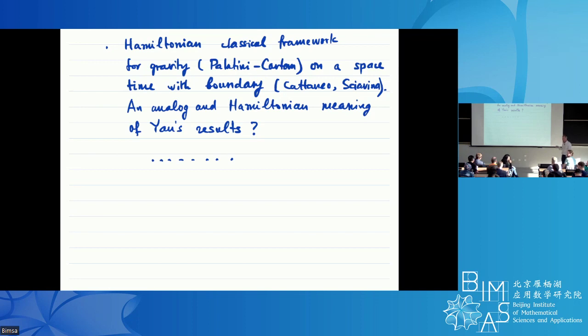So the idea is that, especially in the first order framework, which is exactly where Palatini-Cartan appears, there is a symplectic structure on the space of boundary fields. And for this, the space-time doesn't have to be a cylinder, it can be anything.